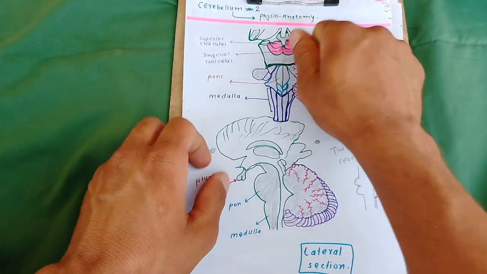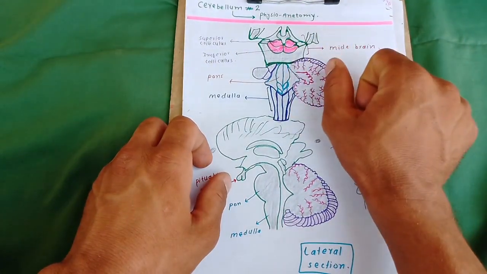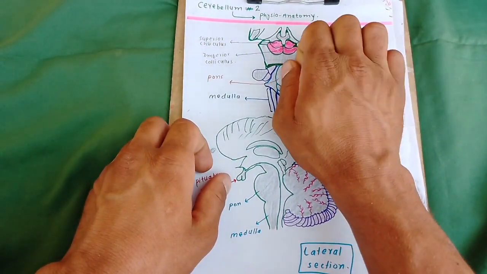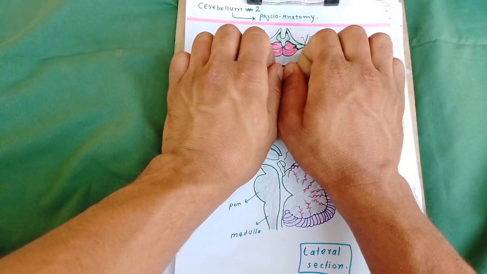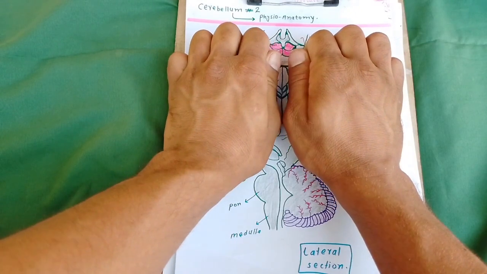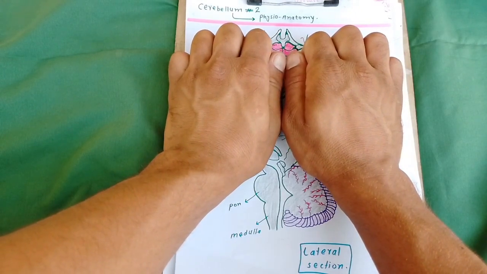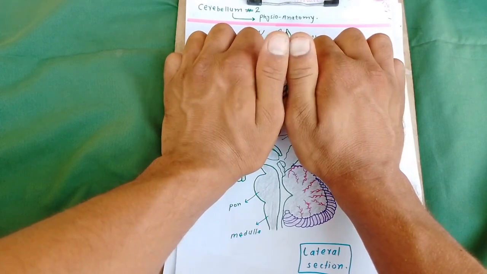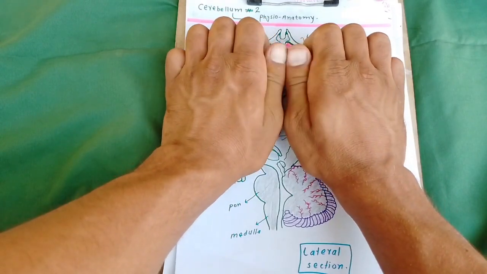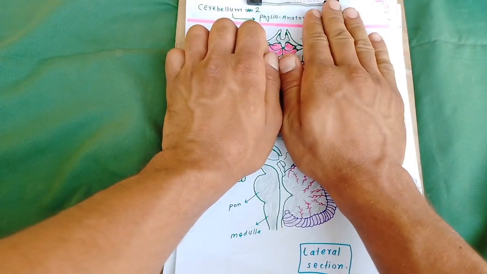Suppose this is one hemisphere, which starts from this point and goes up to this point, and this is the other hemisphere. These two hemispheres are combined together by a worm-like structure, which is called the vermis. Suppose this is the vermis, which joins one hemisphere and the other.